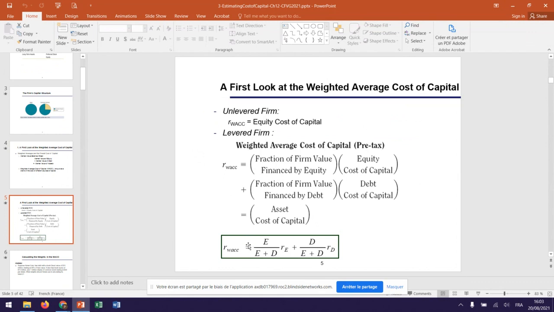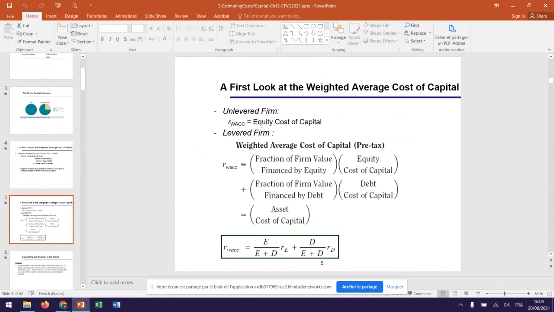When you have a weighted average, with the weight on equity multiplied by the cost of equity and the weight on D multiplied by RD, you get the WACC, the weighted average cost of capital, to estimate the firm's cost of capital. A company with debt we call a levered firm.